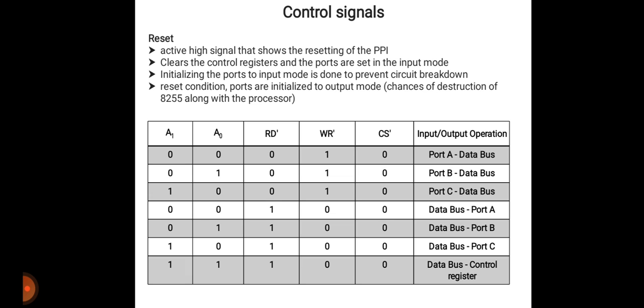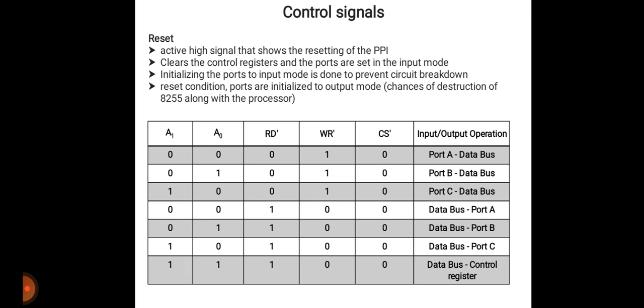Initializing the ports to input mode is done to prevent circuit breakdown. In the reset condition, if the ports were initialized to output mode, there would be chances of destruction of the 8255 along with the processor. So we will see what the control signals are and how they operate.